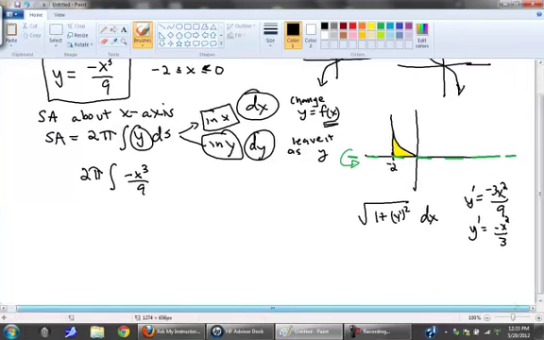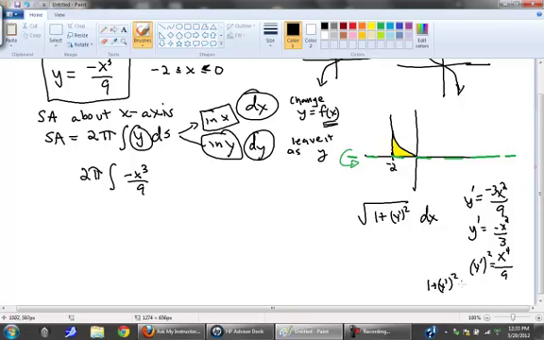We square that, and we get x to the 4th over 9. We add 1 to that, and we get 9 plus x to the 4th all over 9.